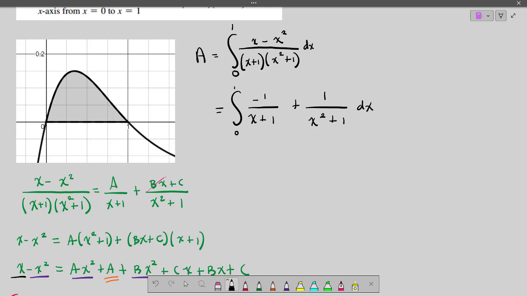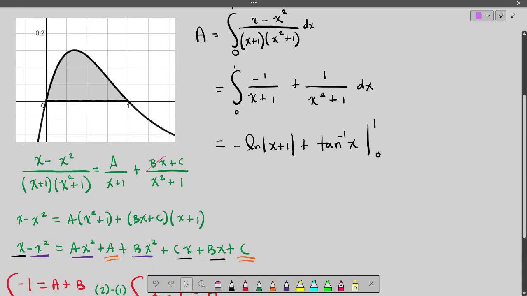This is pretty direct, this integration. We'll get minus natural log absolute x plus 1 plus the inverse tangent of x, interval 0 to 1. Zero, non-contributor.